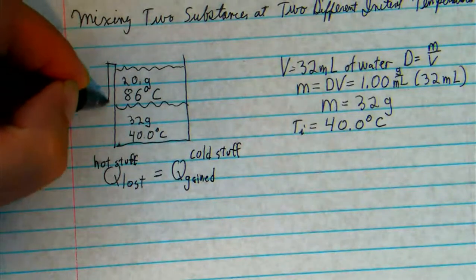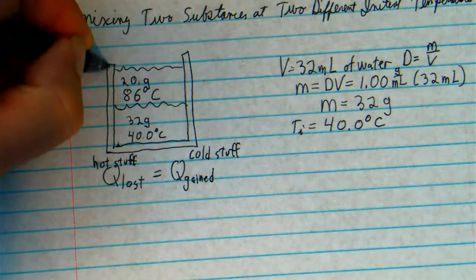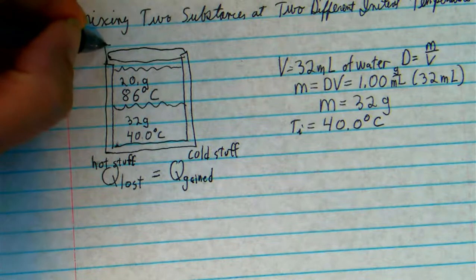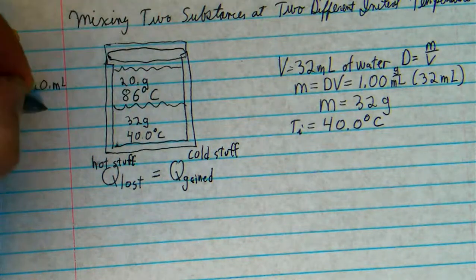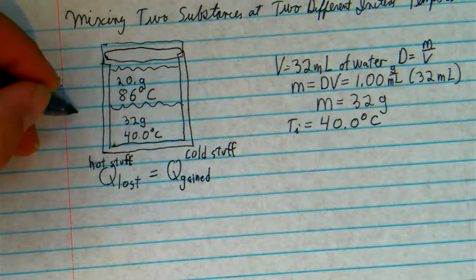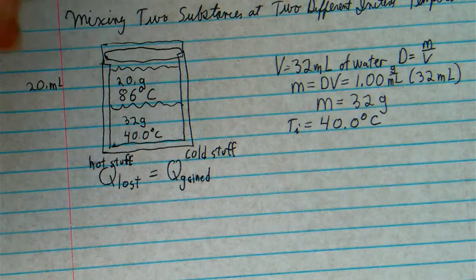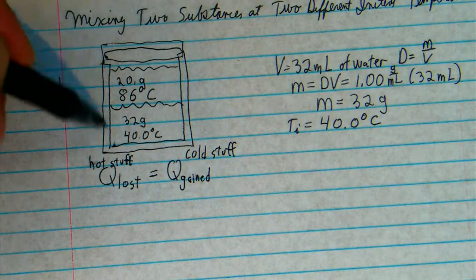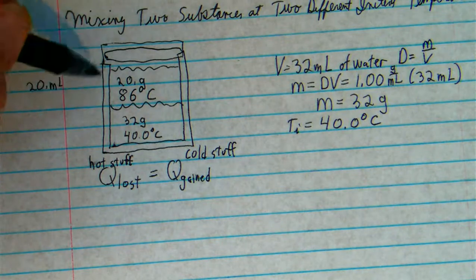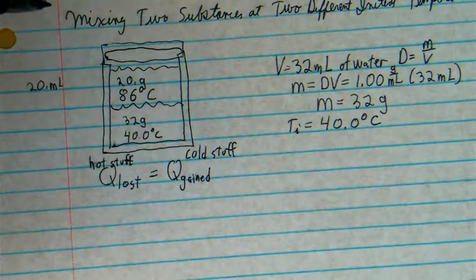All of this is presumed to take place inside a calorimeter where the lid is put on and no heat is allowed to go in, no heat is allowed to come out. And for a short period of time, that'll work okay, no doubt. So the only heat transfer is strictly inside the calorimeter between the hot stuff and the cold stuff.